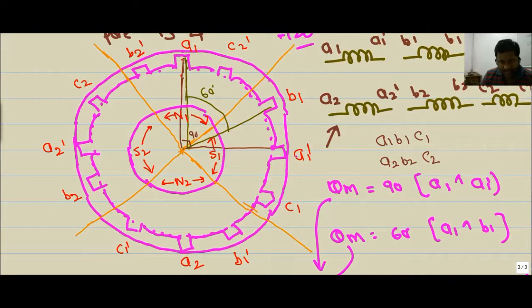Now consider A2, B2, and C2. This is A2, and this is A2 dash. The angle between A2 and A2 dash is 90 degrees mechanical, but electrically it is 180 degrees. Similarly, the angle between A2 and B2 is 60 degrees mechanical, but 120 degrees electrical.